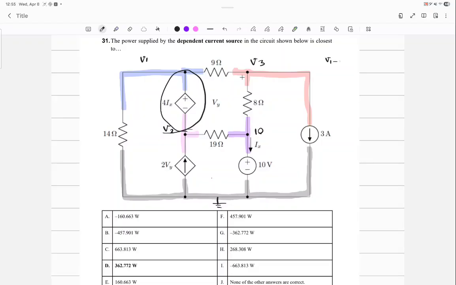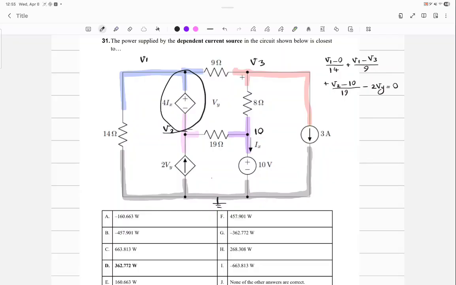V1 minus 0 over 14 plus V1 minus V3 over 9 plus V2 minus 10 over 19 minus 2Vy is equal to 0. Anyone having a problem with this?